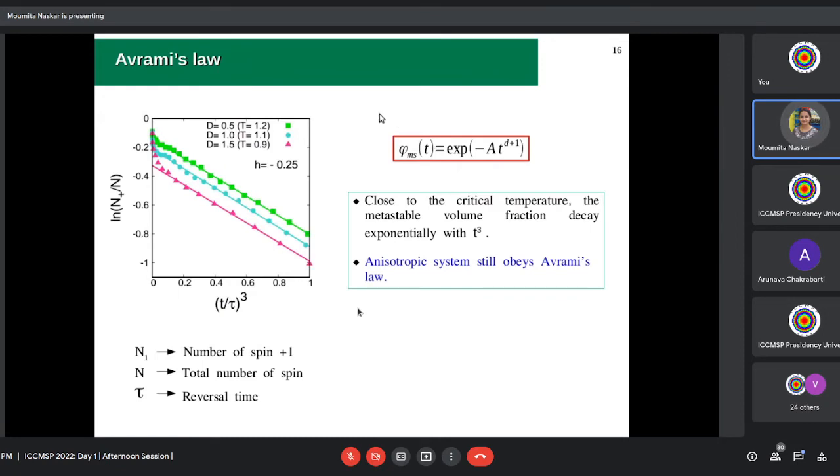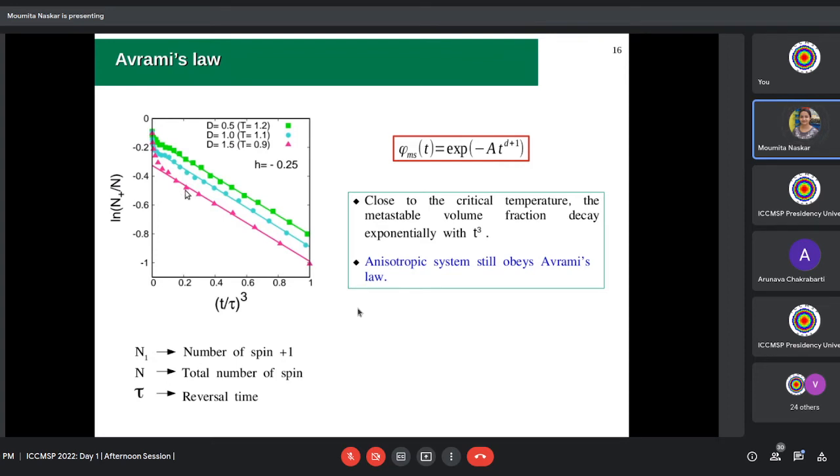And lastly, Avrami's law depicts that close to the critical temperature, the metastable volume fraction decays exponentially with this power. Since we are studying a 2D system, we have plotted the logarithm of the metastable volume fraction with time cubed, where this metastable volume fraction is nothing but the density of spin +1.